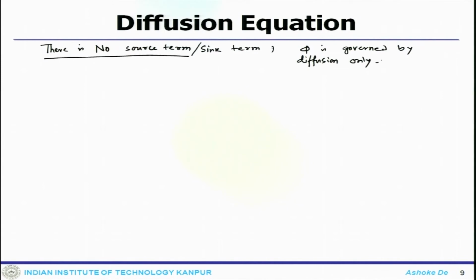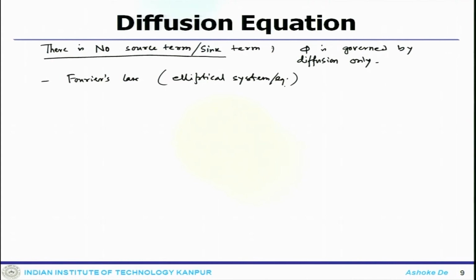Due to non availability of source or sink term, the transportation of phi is primarily governed by the diffusion equation, which is essentially the Fourier's law, or rather an elliptical system or elliptical equation.